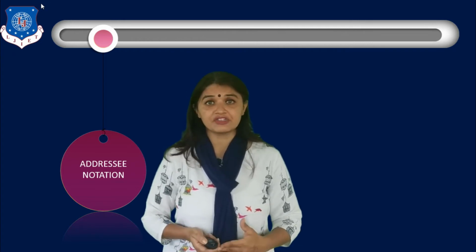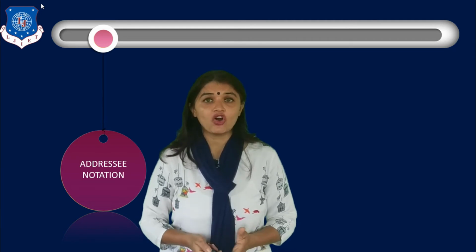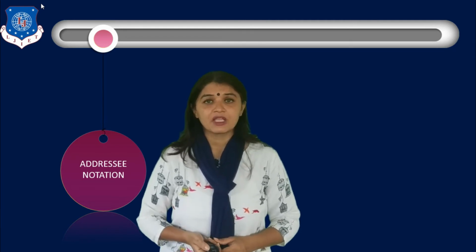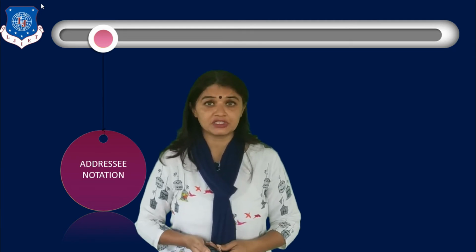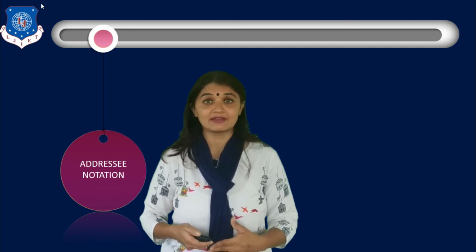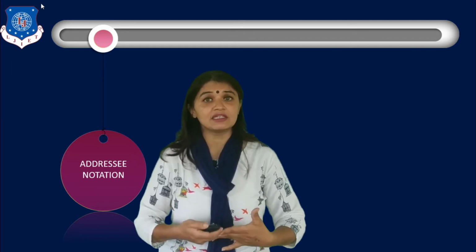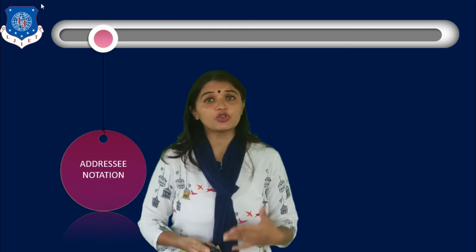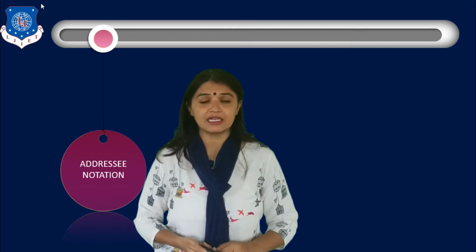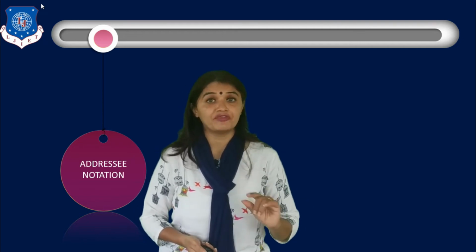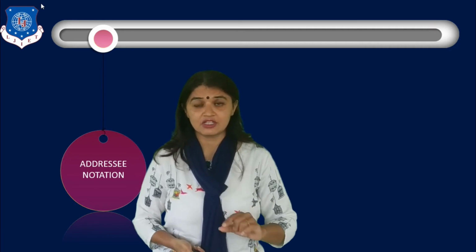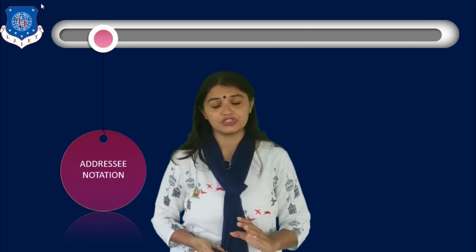It is either justified to the left margin or centrally justified. Now what do you write in the addressee notation? So for example, your matter is confidential and you have sent the letter to the organization. You want only a particular person to read that letter, then you will mention confidential in capital letters. So that is called the addressee notation.